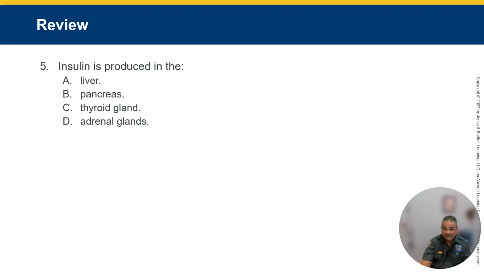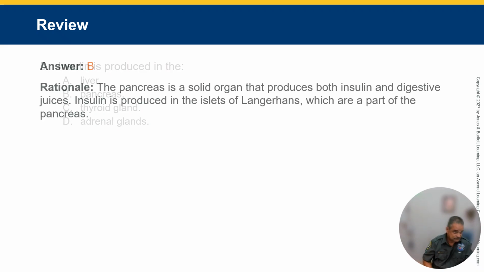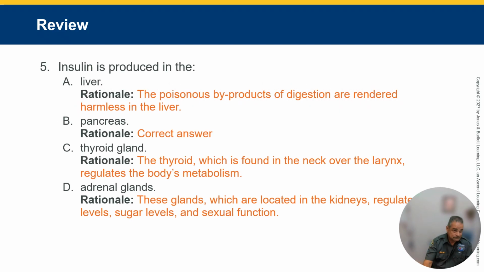Insulin is produced in the, come on, you guys know this one. We've talked about this a lot. It's got the Ubers in it. Insulin is Ubers. Where is it produced? If you said B, ding, ding, ding, you got it. Good job. There's your rationale.